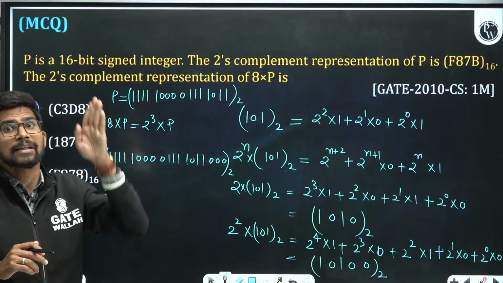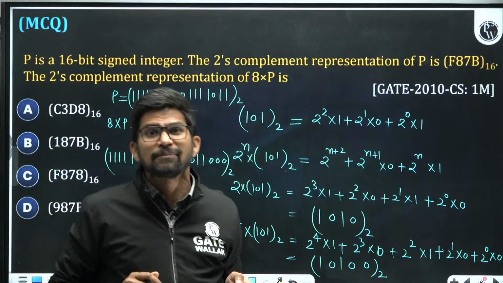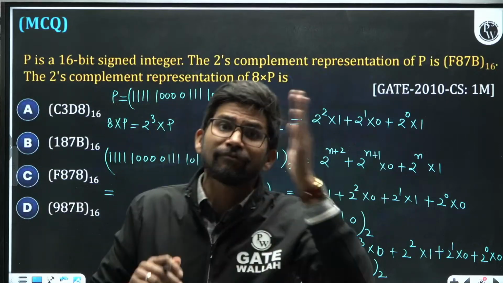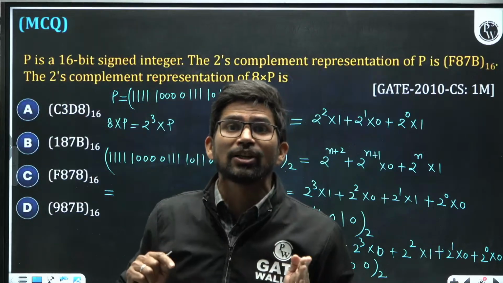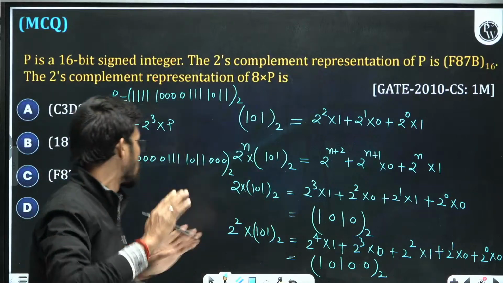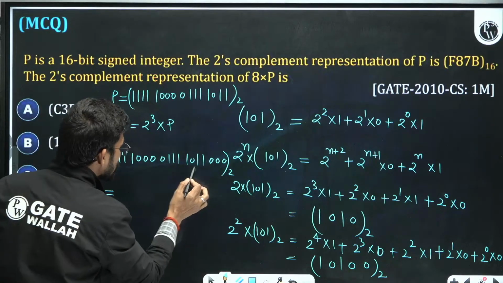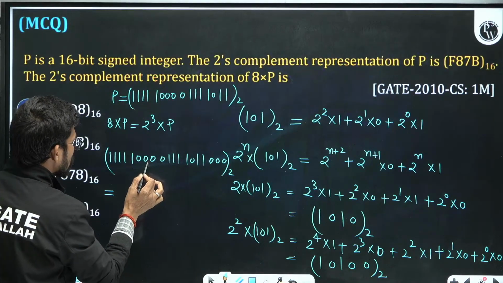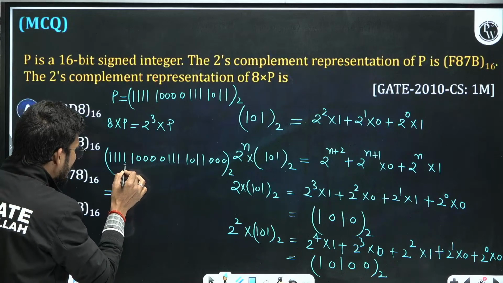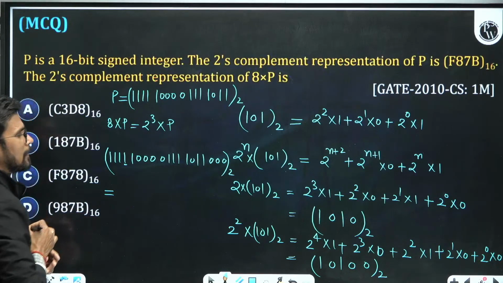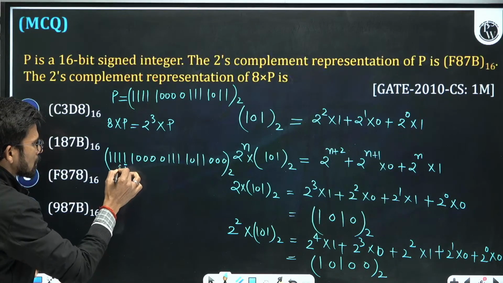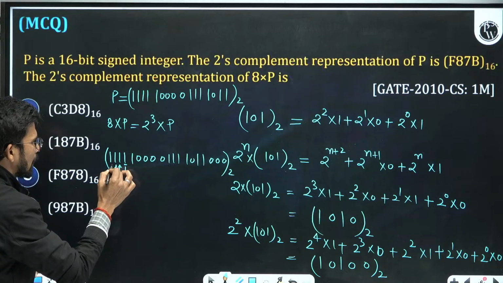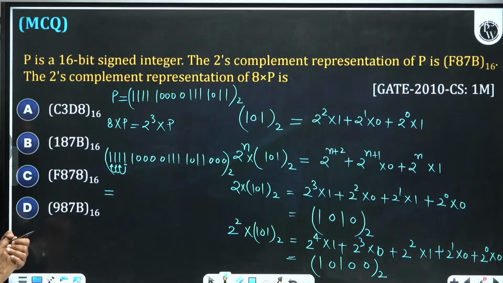If I copy the MSB bit any number of times to the left of the MSB in 2's complement signed number representation, the result is not going to change. This is 4, 4, 4, 4. If I take this one as MSB and copy it 1 time, 2 times, 3 times, will the result be changed? No sir, the result is not going to change.